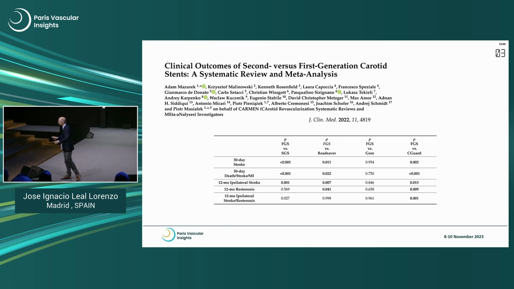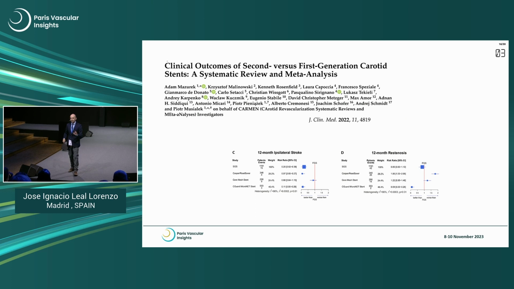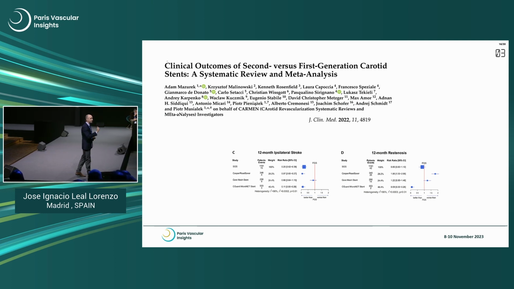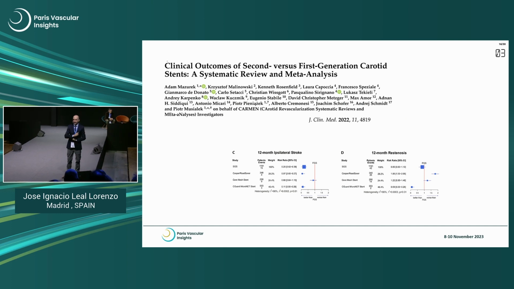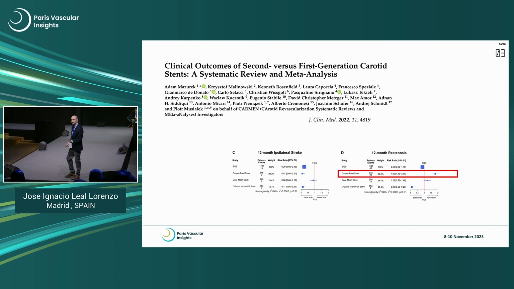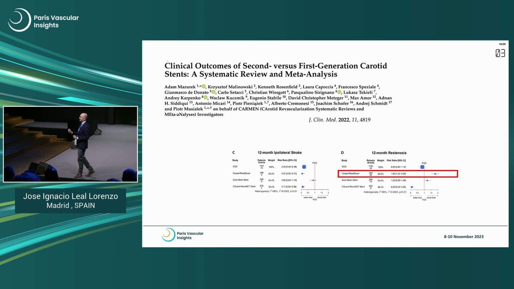I will explain why later. There is a significant improvement in clinical outcomes at 30 days using last generation design stents. But these results are living together with an increase in the in-stent restenosis at the 1-year follow-up in the Roadsaver arm.